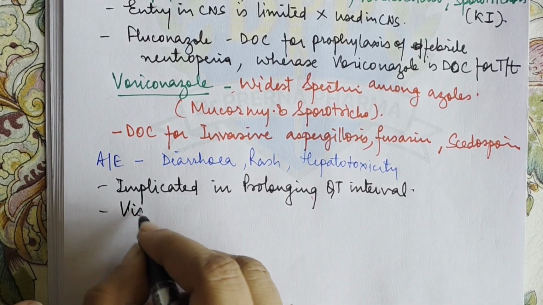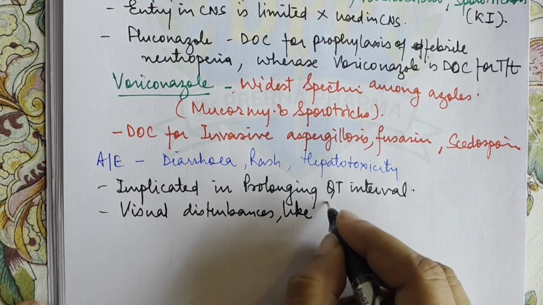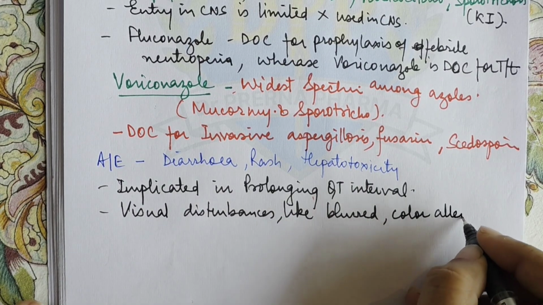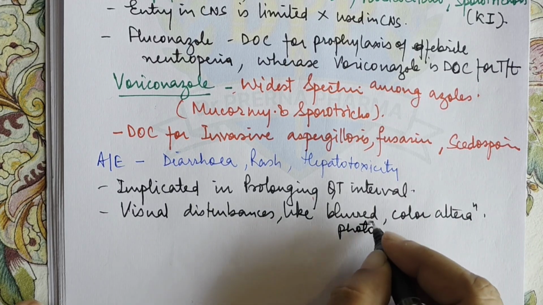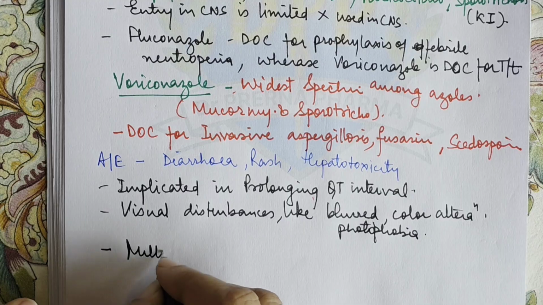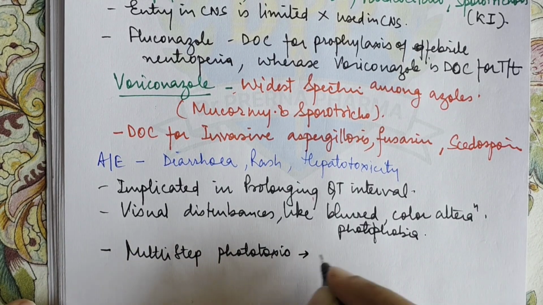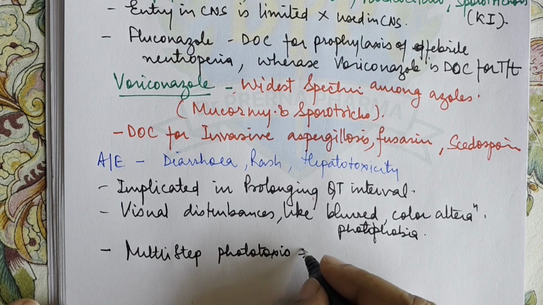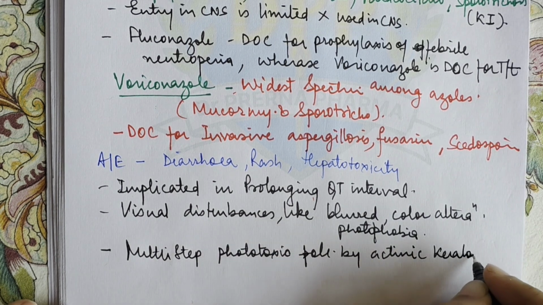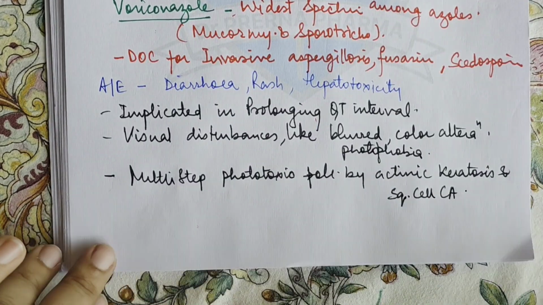It also causes visual disturbances like blurred vision, color alteration, and photophobia. Long-term use is associated with phototoxic processes, which can result in actinic keratosis and squamous cell carcinoma, right?